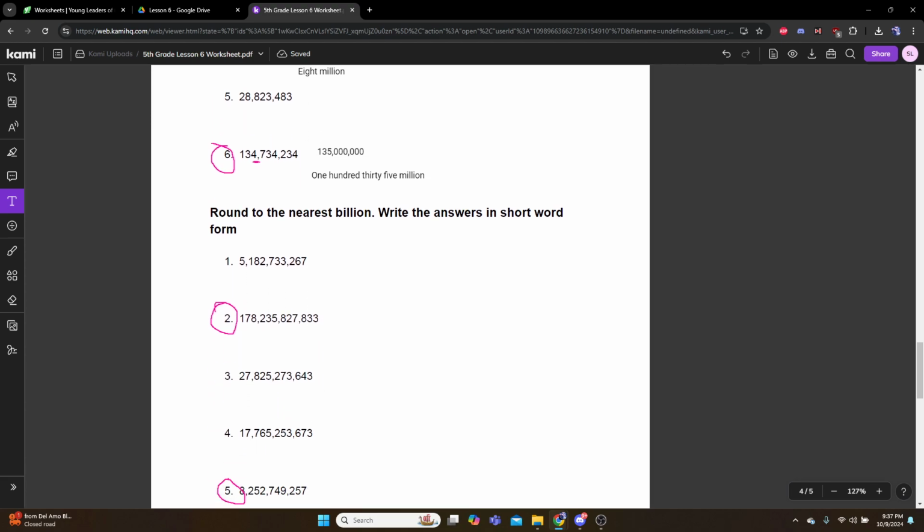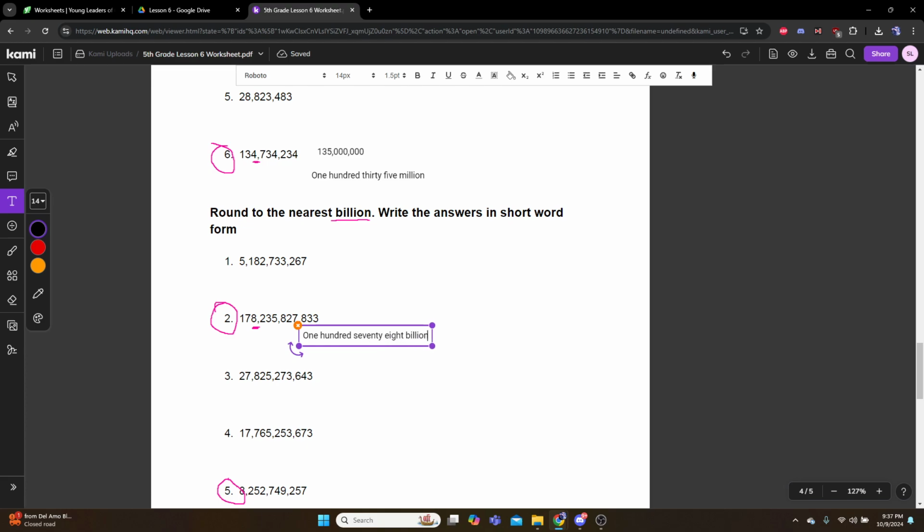Now we're rounding to the nearest billion and write the answers in short word form. So once again, it's going to be the same like the previous problems that we just did, but rather than rounding to the million, we're rounding to the nearest billion now. So identify the billions place here, which is the 8 in this case. We look to the right, we notice that it's not higher than 4, so it would become 178 billion.